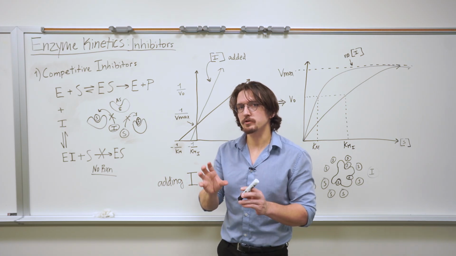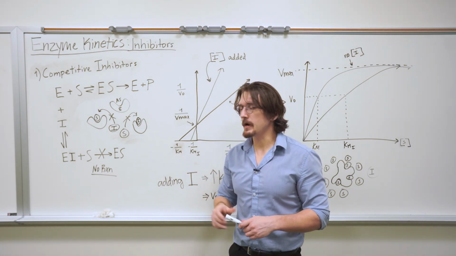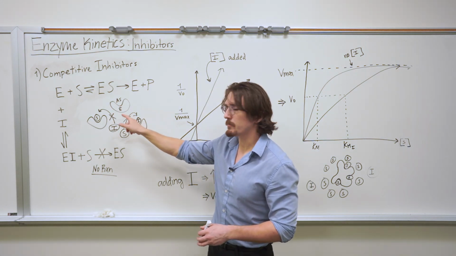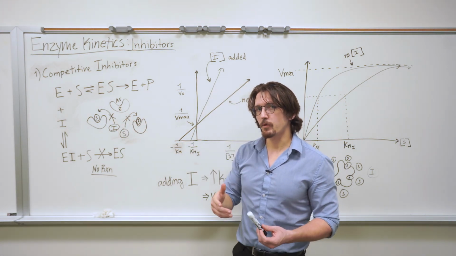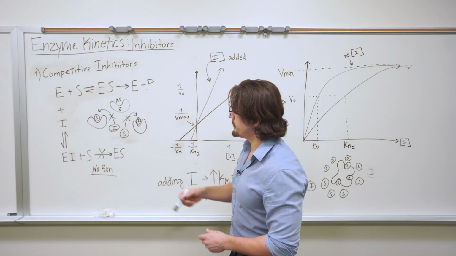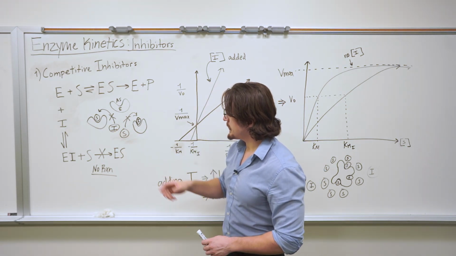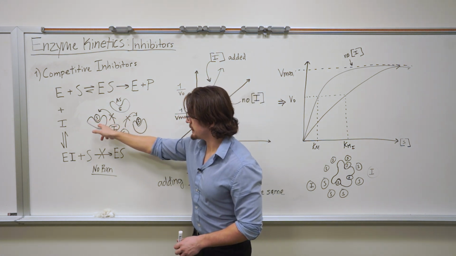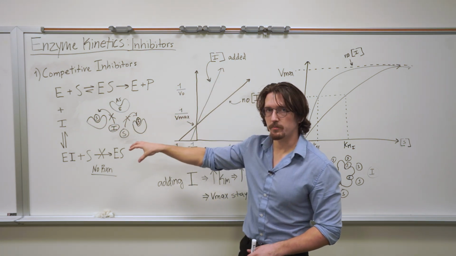They have very similar structural features, okay? So they're actually able to bind to that same active site that the normal substrate can bind to. In other words, they're substrate analogs, okay? And so if you look here, we can have a situation where the substrate denoted as S binds to the active site, okay, essentially occupying it.